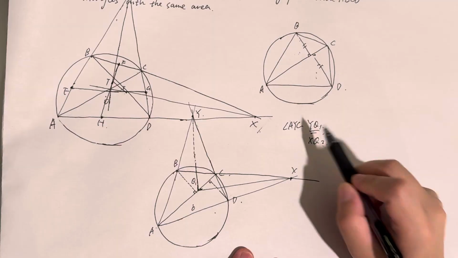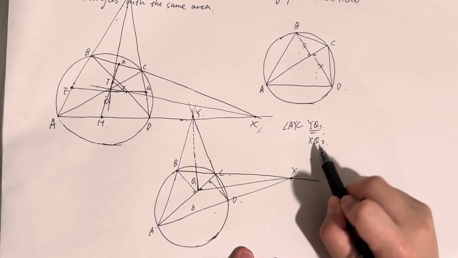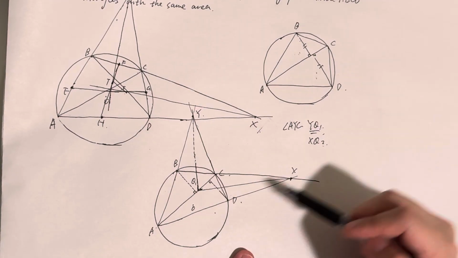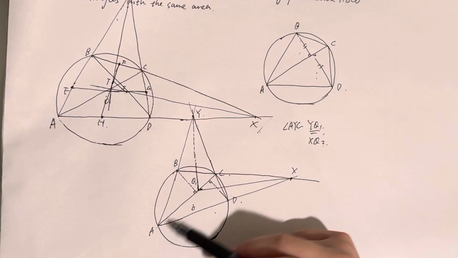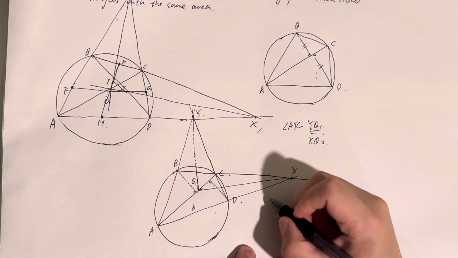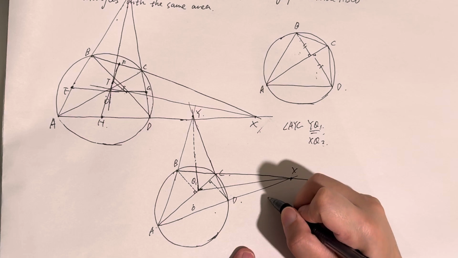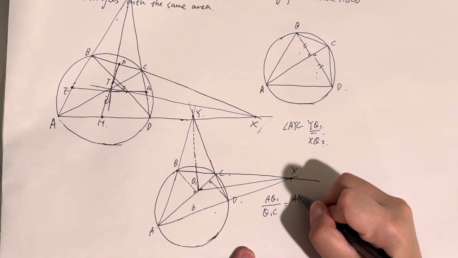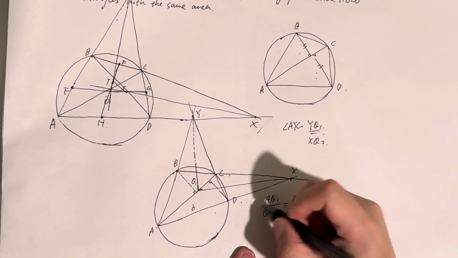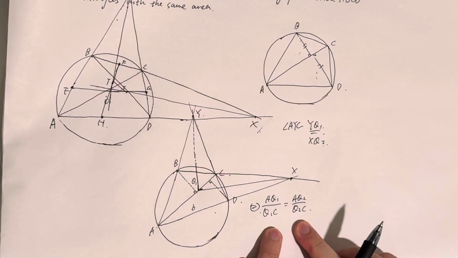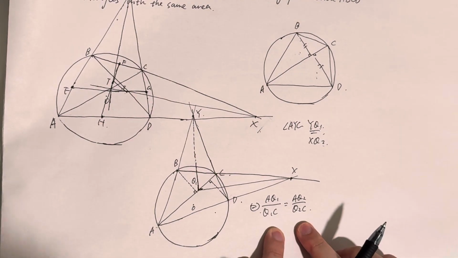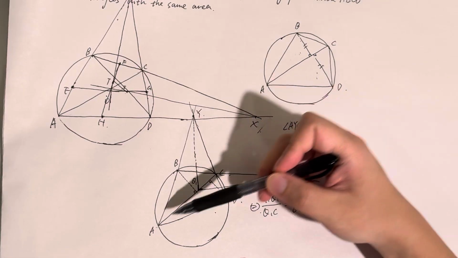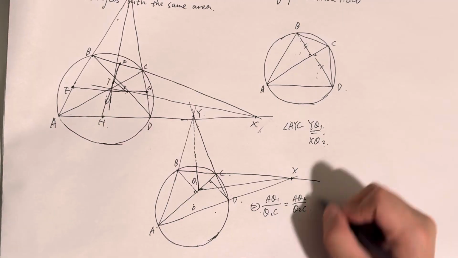Think about that. If I want to prove that YQ1 and XQ2 meet at the same point, because triangle YAC and triangle XAC share the same edge AC, basically I want to prove that AQ1 to Q1C equals AQ2 to Q2C. So that's the target.